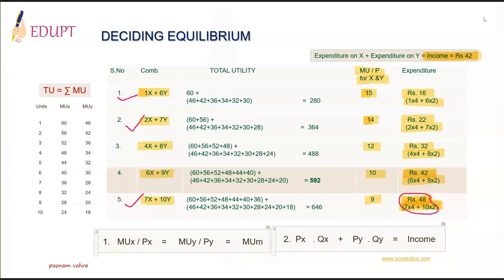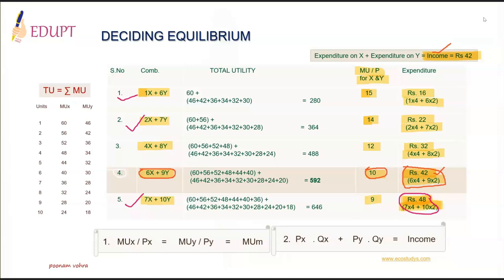In order to have maximum utility, the consumer will purchase 6 units of X and 9 units of Y, because here both the conditions get satisfied. That is, marginal utility is the same in both the cases, and expenditure on X plus expenditure on Y is also the same as the income to be spent.